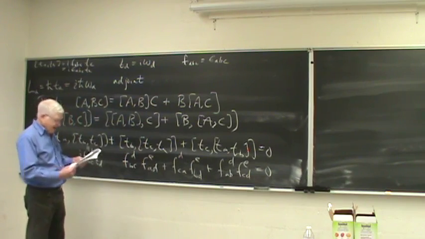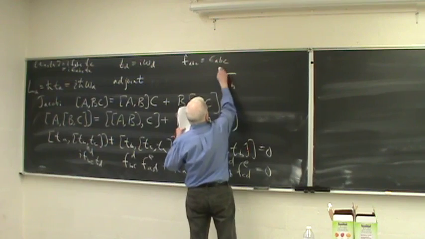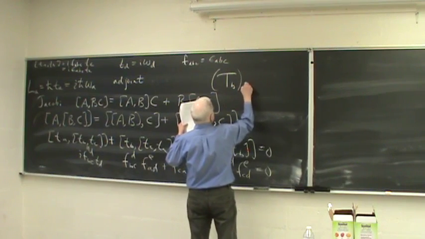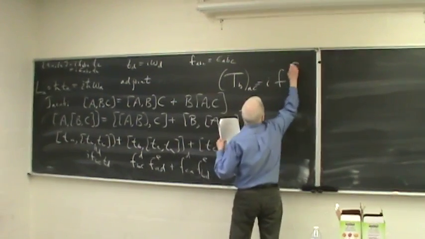Now, it turns out that you can then do the following. You define (T_B)_AC as i f_CAB.